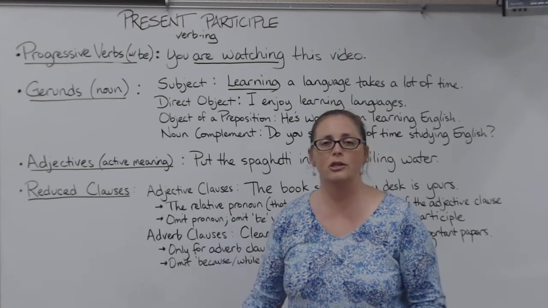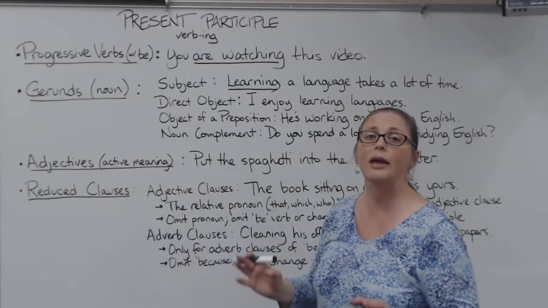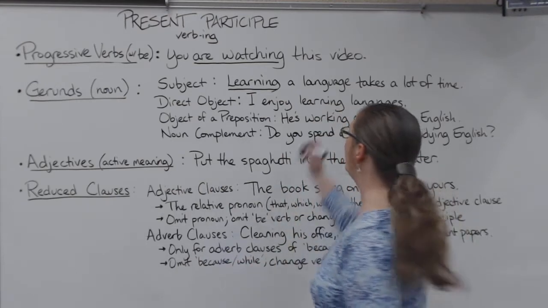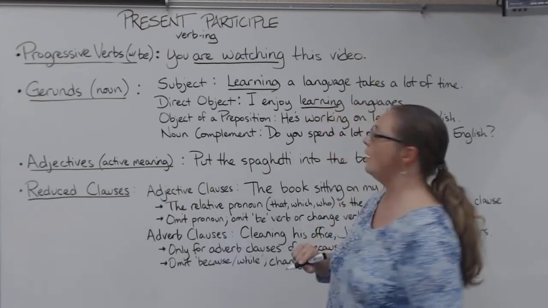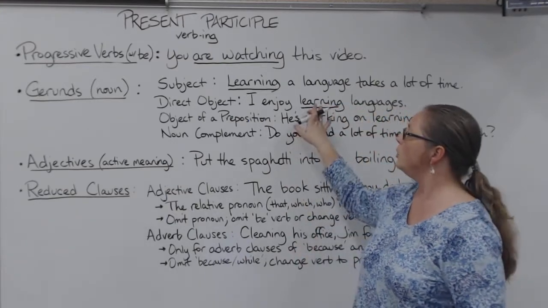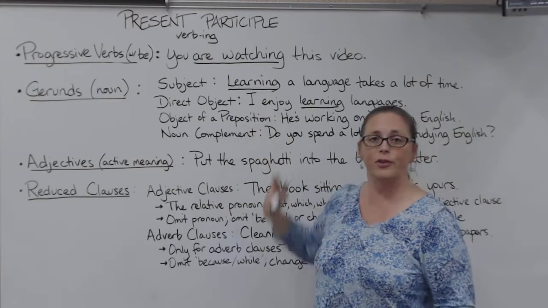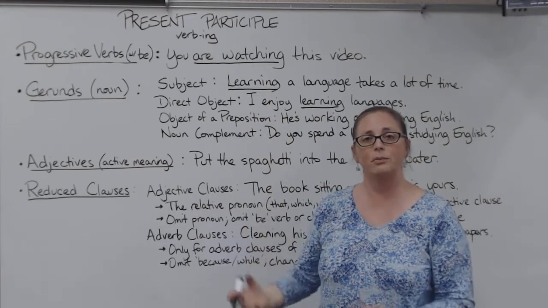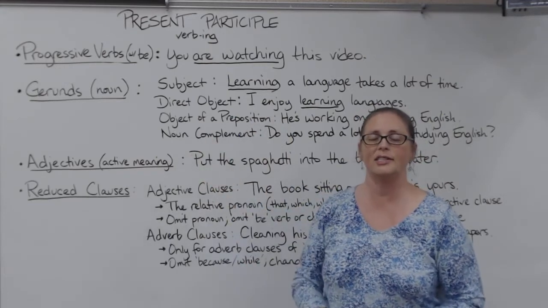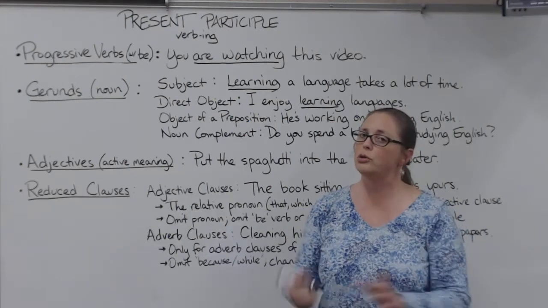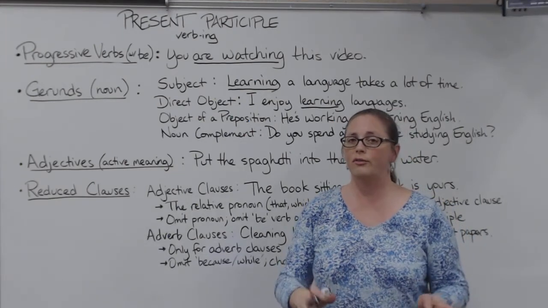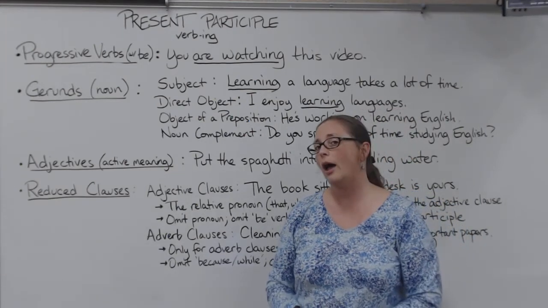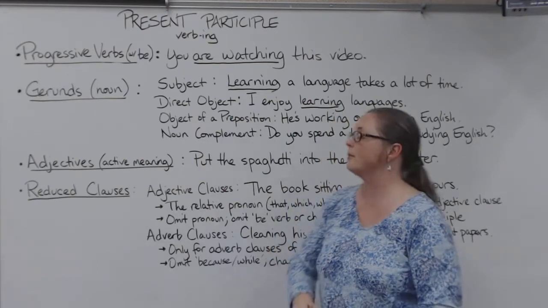You can't say I enjoy learn. It needs to be a present participle. I enjoy learning languages. You need to memorize the verbs that take present participles, that take gerunds after them, as opposed to infinitives. You can find lists of this online or in grammar books.